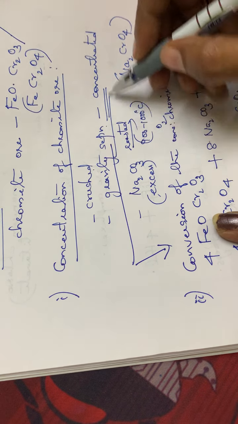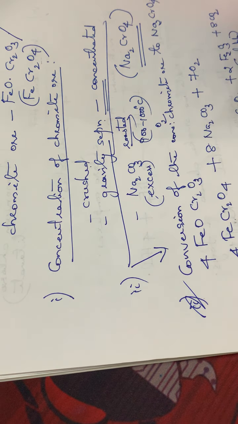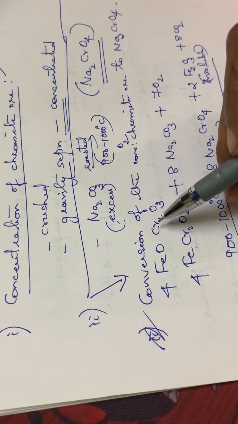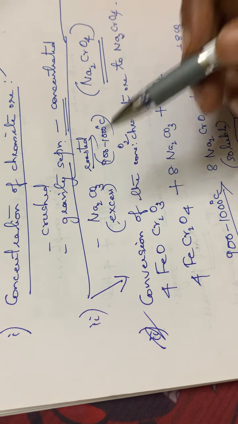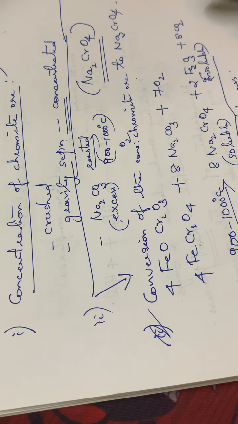So up to this, that is the first step. From this part onwards, the second step. In the second step comes the addition of sodium carbonate. So here the concentrated chromate ore is converted to sodium chromate.